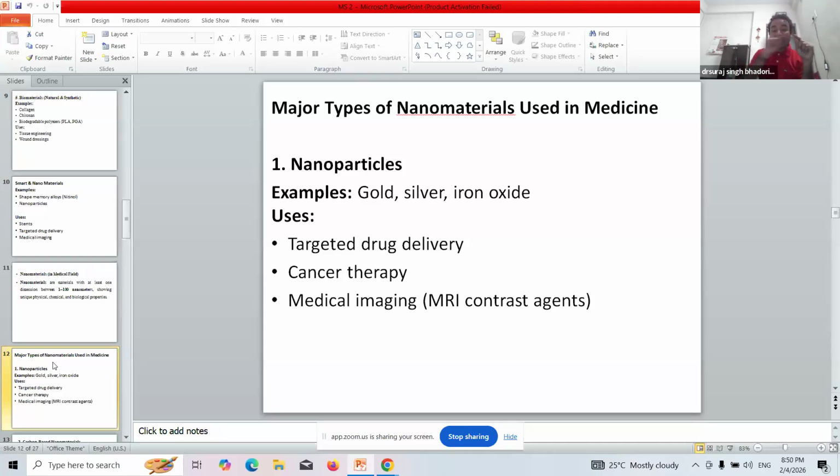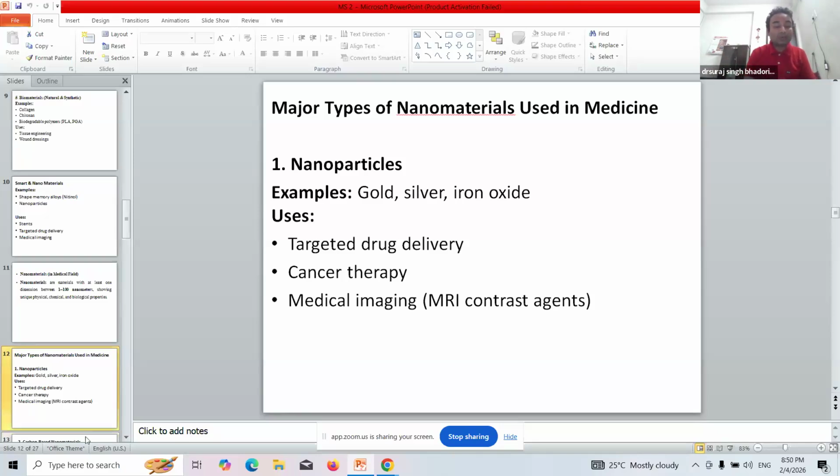Because of that, they are able to make the vision of that particular viscera or tissue or biomaterial. So generally this is the use of nanomaterial in medical imaging, in MRI and CT scan.